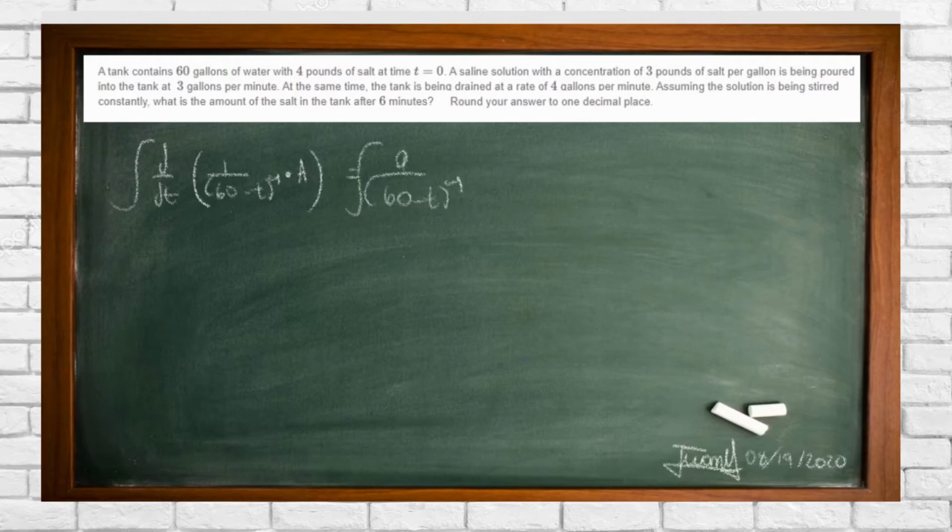All right, so the integral of a derivative, since they are inverse operations, is going to be 1 times all of this. So 1 divided by 60 minus t to the 4th power times a. And now in this part, the integral of all of this is a little bit ugly, but we can rewrite this as 9 times 60 minus t to the negative 4th power.